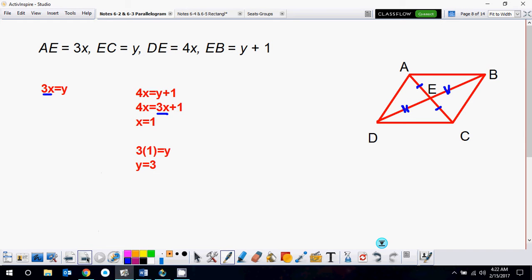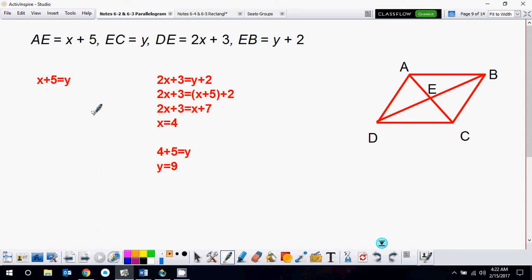Alright, so next one, when you set up your equations, again, AE is congruent to EC, so x plus 5 equals y, and then finally DE and EB were congruent, so 2x plus 3 equals y plus 2.